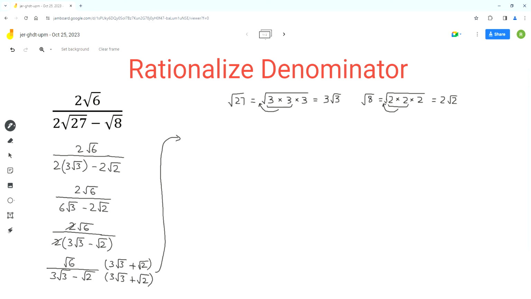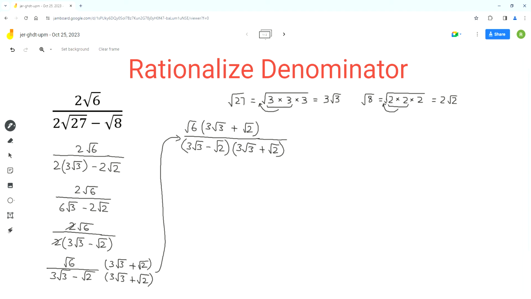So now we can write what the new expression is. So we get square root of 6 times 3 square root 3 plus square root of 2 over 3 square root of 3 minus square root of 2, and then 3 times square root of 3 plus square root of 2.